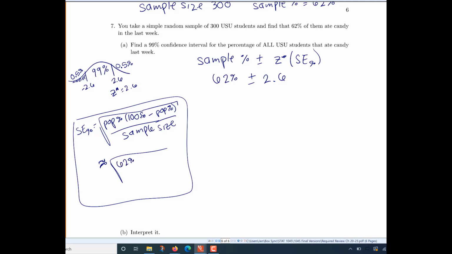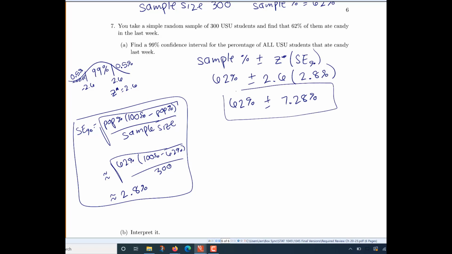So when I guess, I like to do little approximated signs. So 62% times 100% minus 62% all over my sample size, which is 300, which should be about 2.8%. Okay, so standard error of the percentage is 2.8%. So that's 62% plus or minus 7.28%.